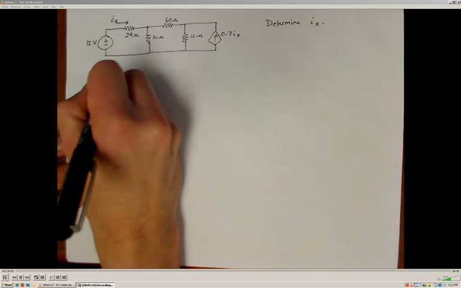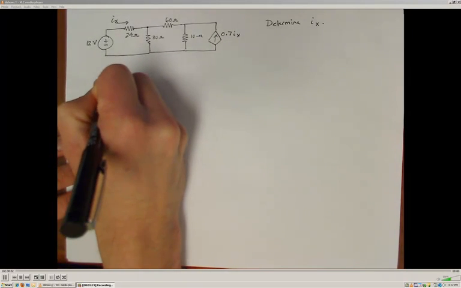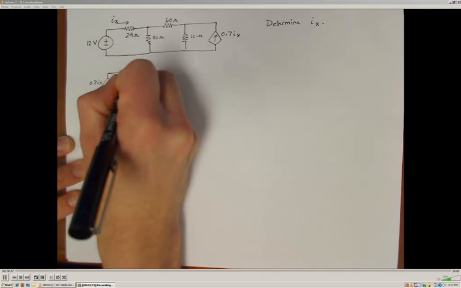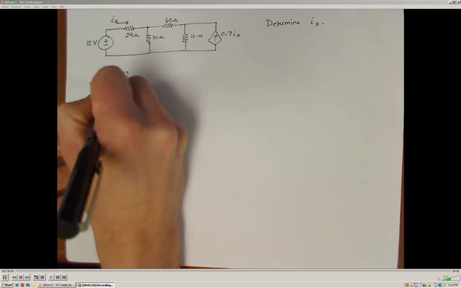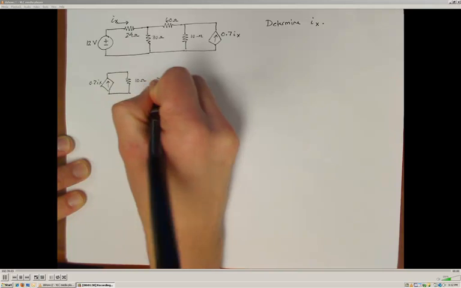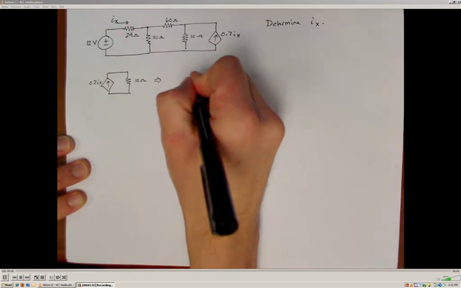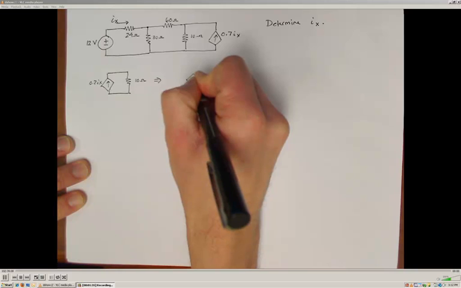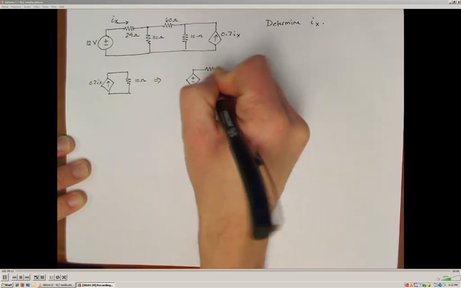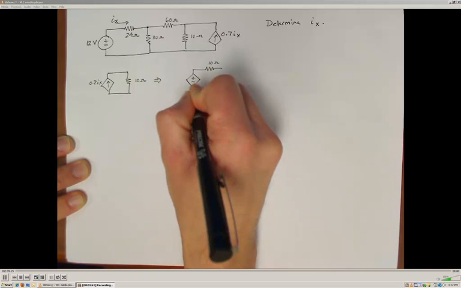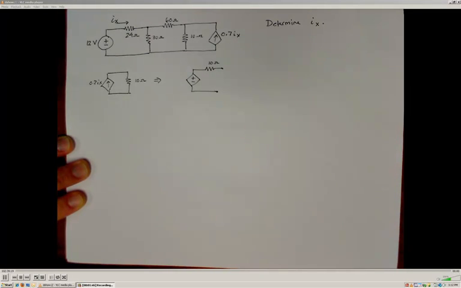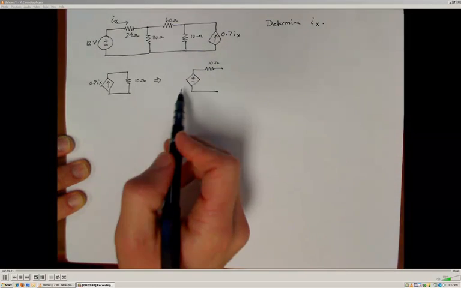Right, so I'm going to take this current supply, which is 0.7 Ix, and is in parallel with our 10 ohm resistor, and I want to determine the equivalent circuit as if I had taken this dependent supply and made it a dependent voltage source, and it's going to be in series with a 10 ohm resistor. So that means I need to determine the value of this dependent voltage supply.